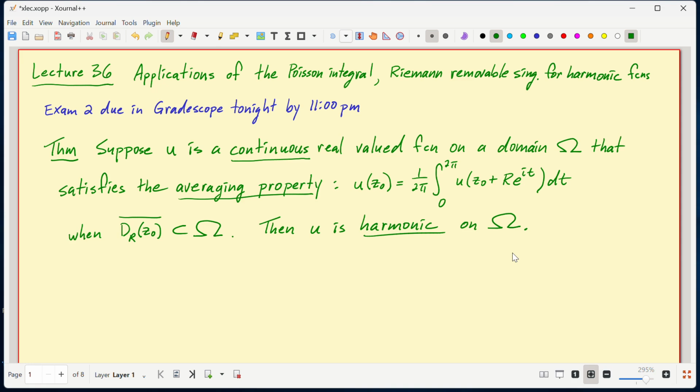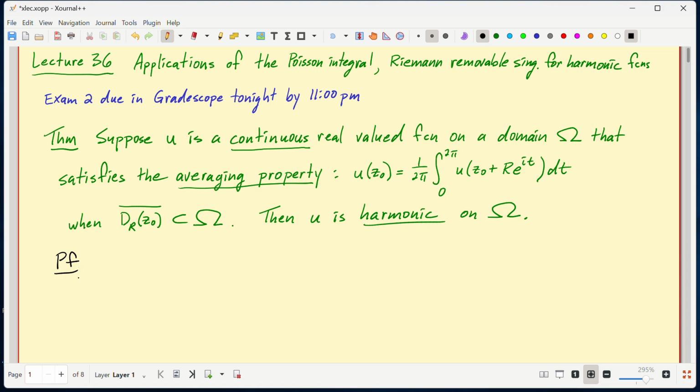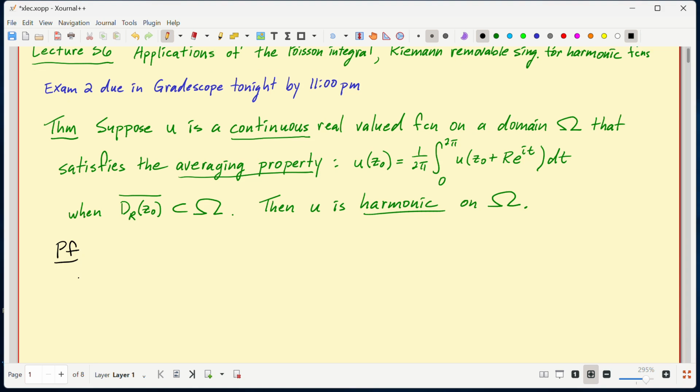So the proof is going to be easy, and it's going to be the first time I use this standard trick. Let's see, being harmonic is a purely local question.